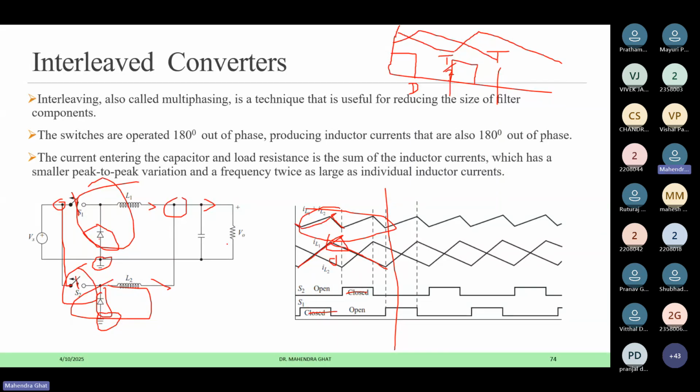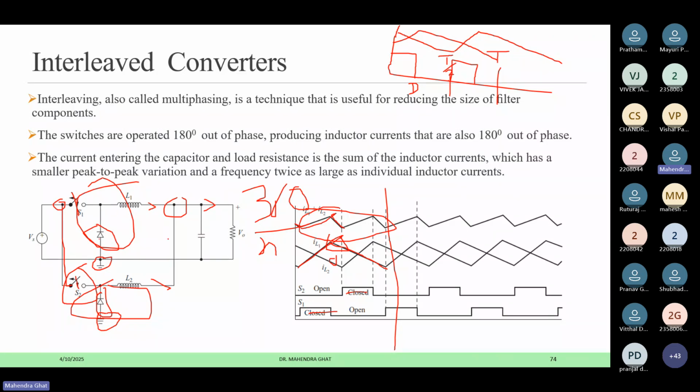So like that we can have interleaving, and whenever there is interleaving, the formula is we have to interleave with an angle of 360 divided by n. Interleaving will not be only between two. It can be between 3, 4, 5, whatever number of converters are required.